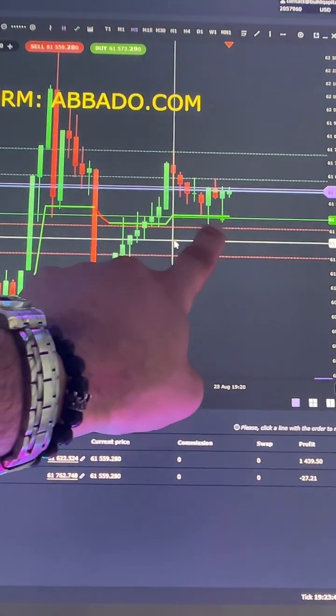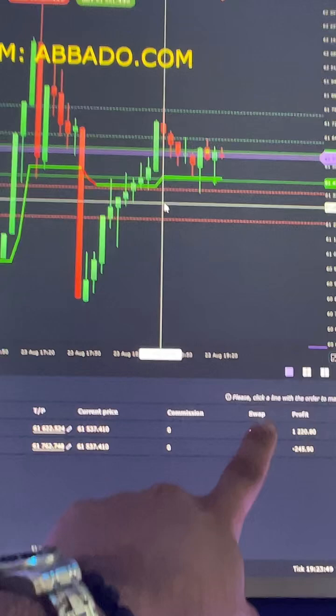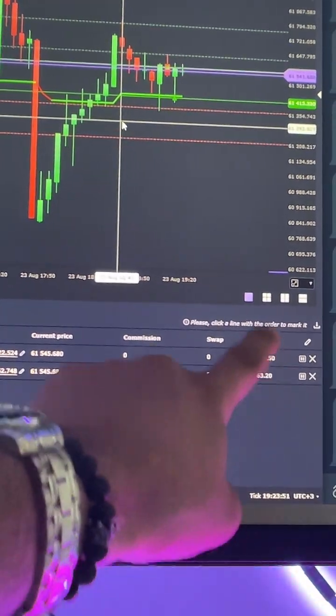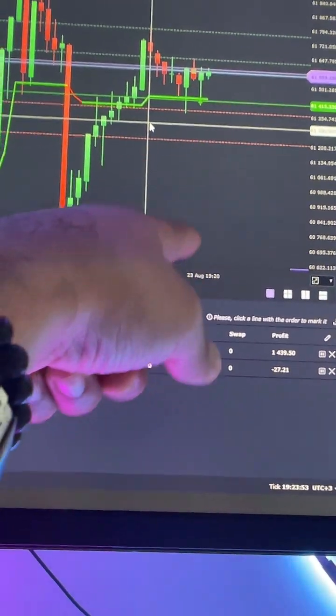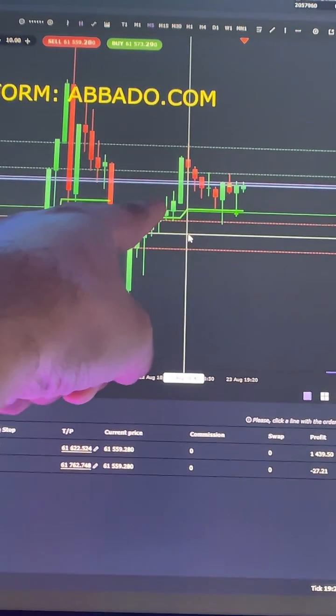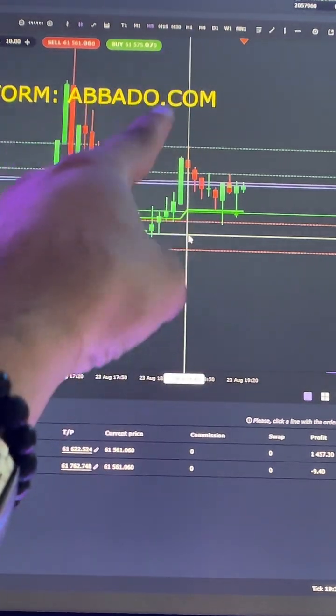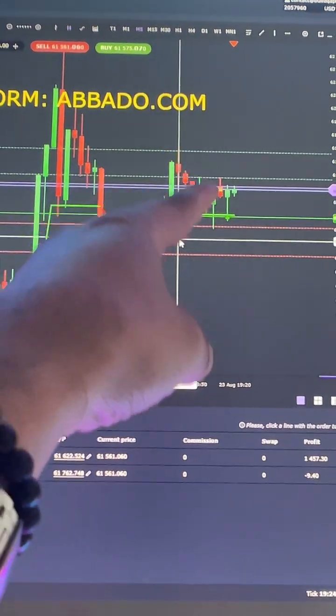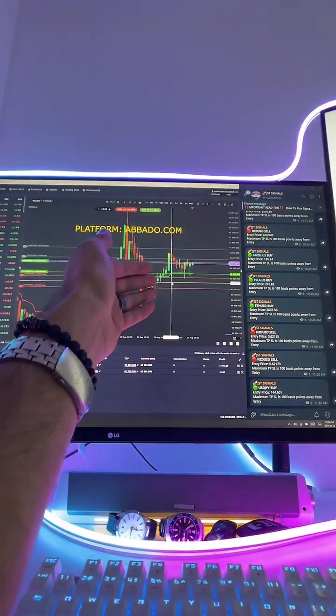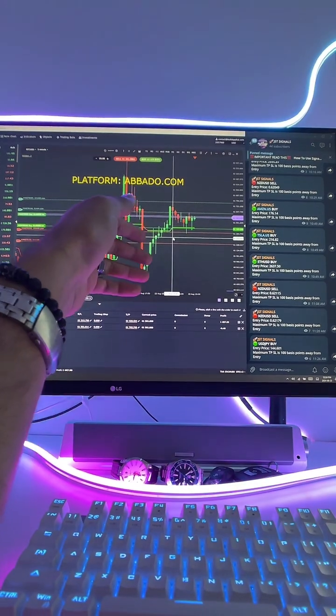I entered as soon as the market came down. And guys, check it out. We're at about $1,200, $1,400 in profit just because of that. Because we were able to see, okay, the super trend is green. And on the pullback, we were able to get a nice entry.